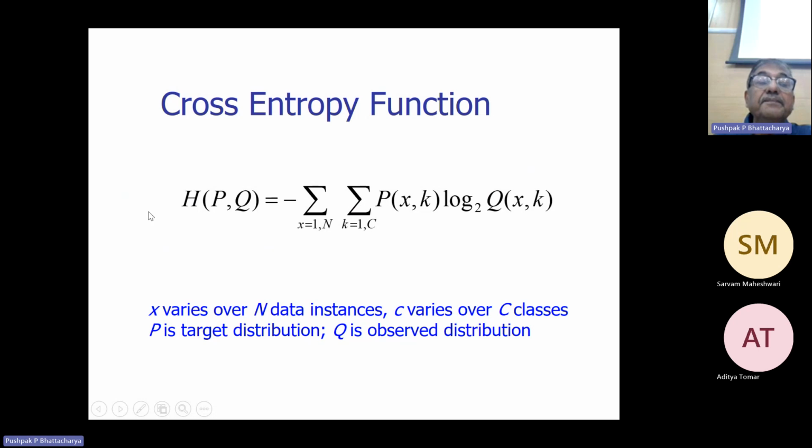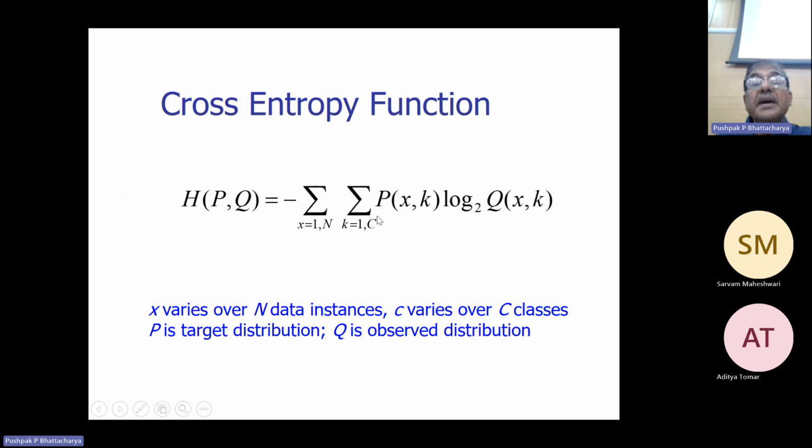So cross entropy is defined in the following way: minus sigma over x equal to 1 to n, sigma over k equal to 1 to C, p(x,k) log2 q(x,k). What is this? x varies over the n data instances. k varies over the classes.